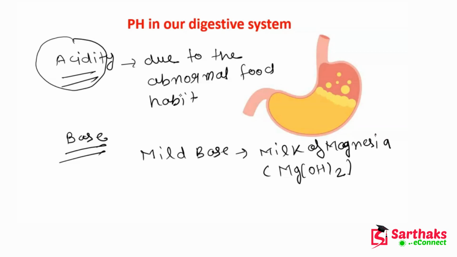Some medicines can also be used, and these medicines, which are used to prevent the excess release of HCl, are known as antacids.